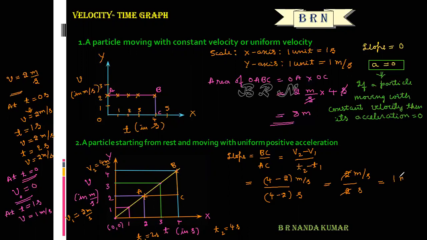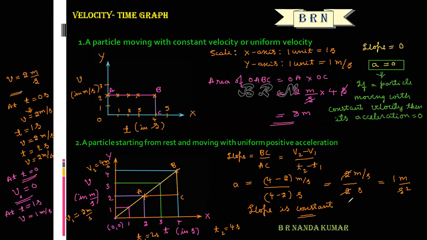So this is 1 meter per second square. This clearly shows that the slope of the v-t graph gives acceleration, and this acceleration is constant here. So the slope is constant. That means acceleration is constant.